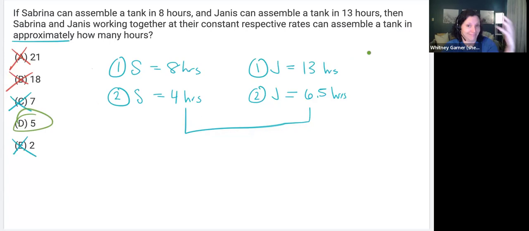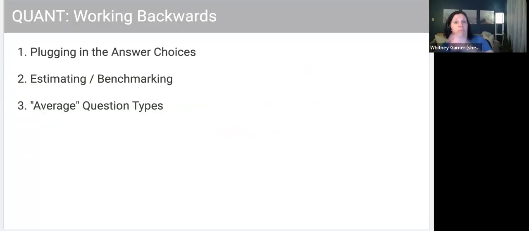So I want you to leave tonight with this understanding that there are a lot of ways that we can work backwards. In essence, we can use the answer choices. We can use the answer choices by plugging them directly into the problem. We can use the answer choices by estimating or even benchmarking with them.